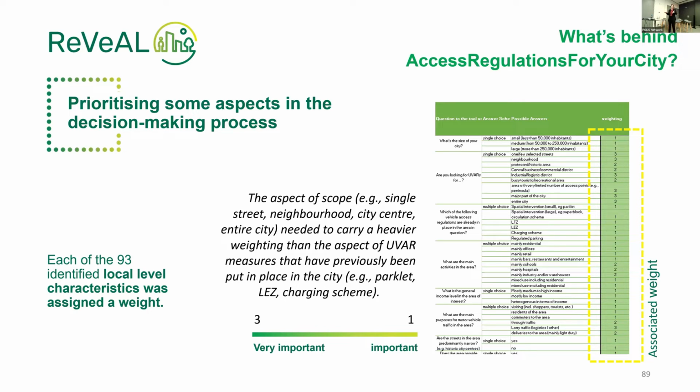So for each of the identified local characteristics, we included a weight: 1 for the important ones and 3 for the very important ones.